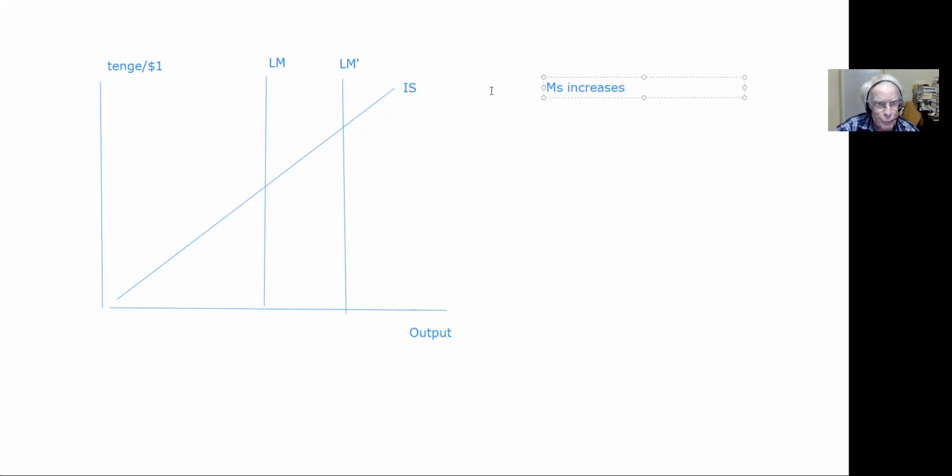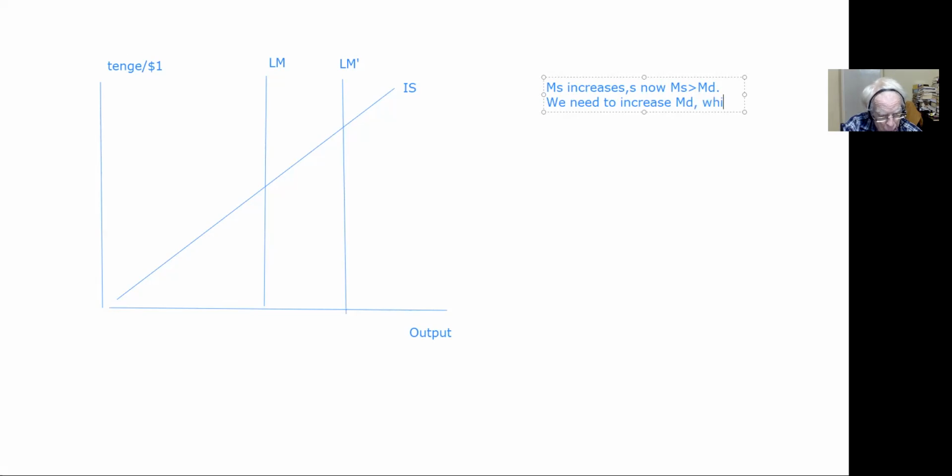On that schedule, money supply had equal money demand. So now we have excess money supply. To restore equilibrium, we need to increase money demand.